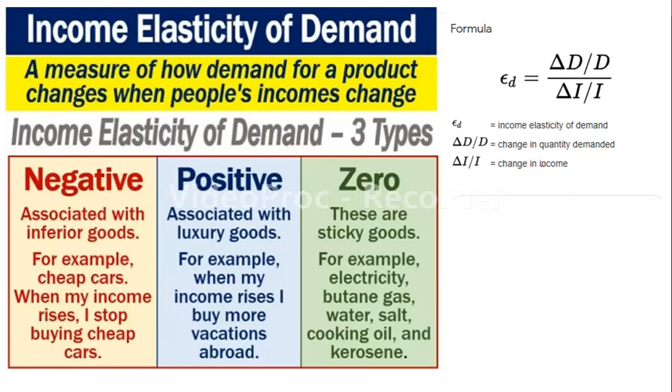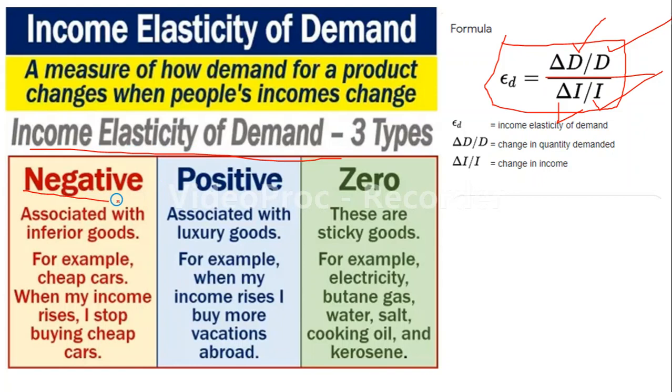So income elasticity of demand is equal to (delta D divided by D), the whole divided by (delta I divided by I). Here delta D is change in demand, D is original demand, delta I is change in income, I is original income. And when it comes to income elasticity of demand, there are three types.